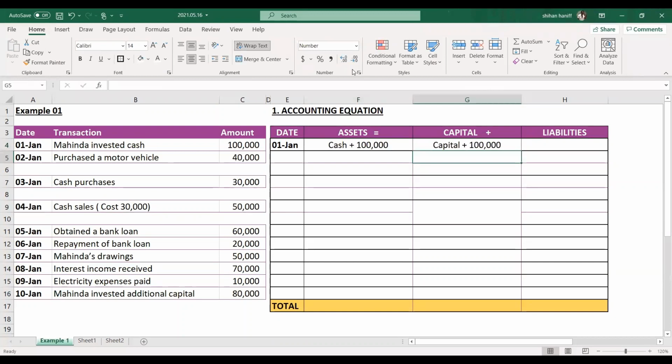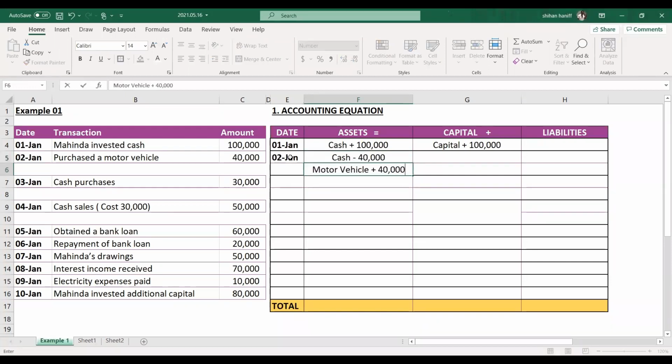Second January, purchase a motor vehicle means cash decrease 40,000 and motor vehicle increase by 40,000. Cash also has motor vehicle also has it.